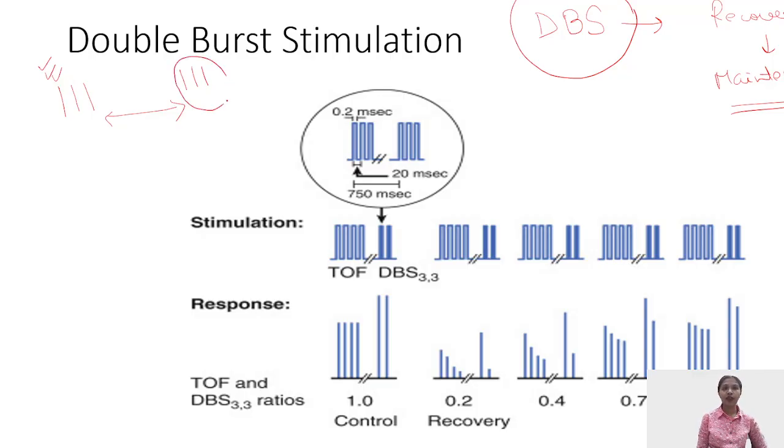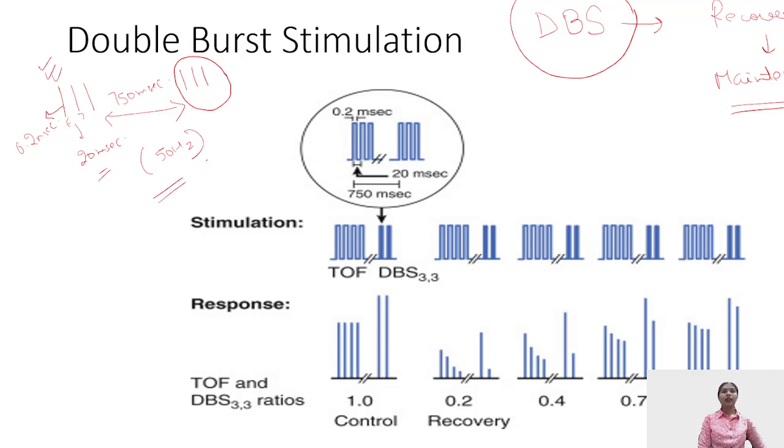Each stimulus is separated by 20 milliseconds, and the duration of one stimulus is 0.2 milliseconds. The difference between these 2 bursts is 750 milliseconds. This is all given at 50 hertz.